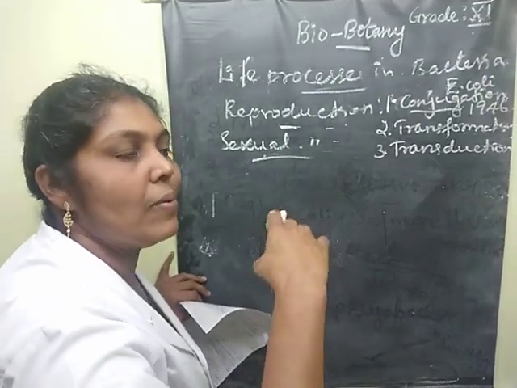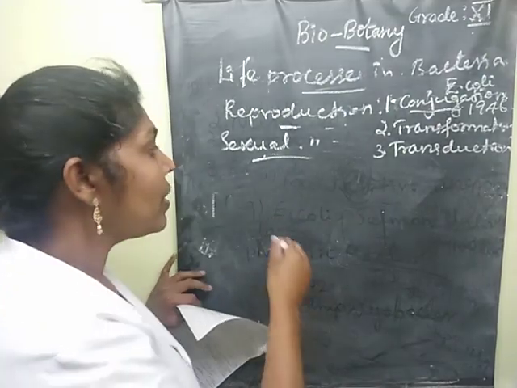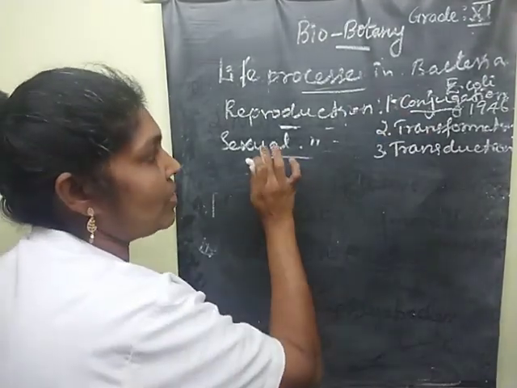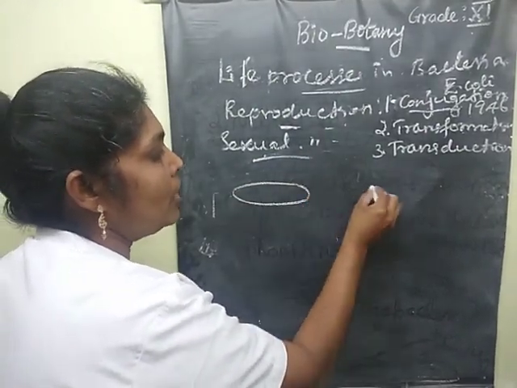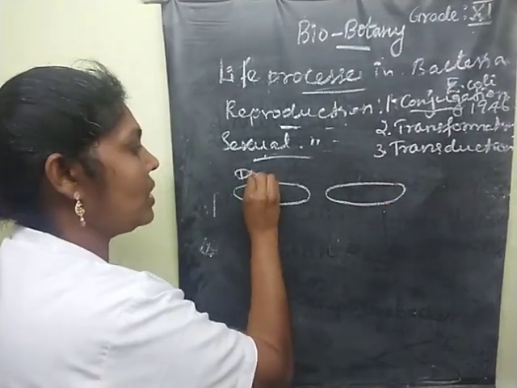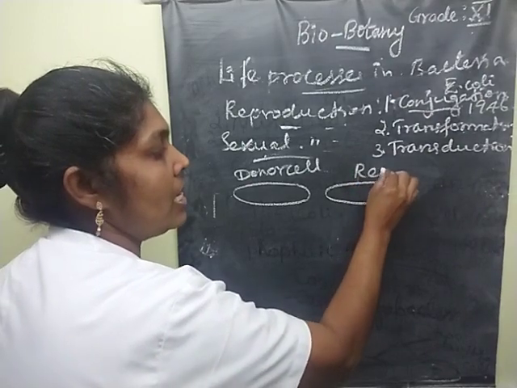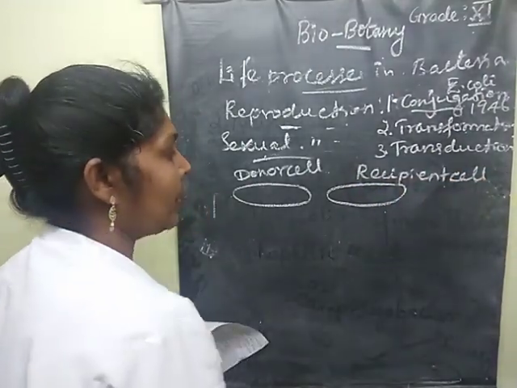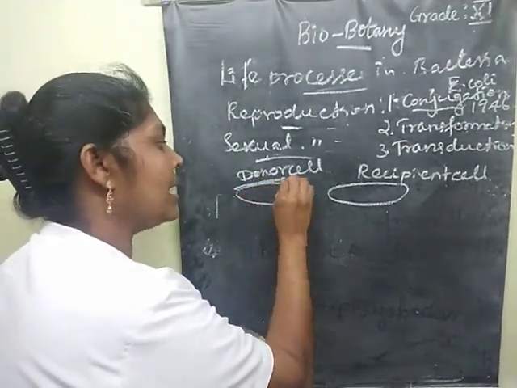How are genes transferred from one cell to another? In this conjugation type of sexual reproduction, two bacterial cells are shown. This is the donor cell and this is the recipient cell. The donor cell has the fertility factor.